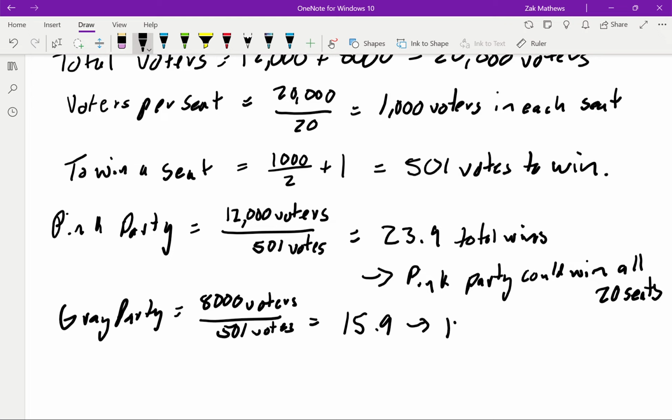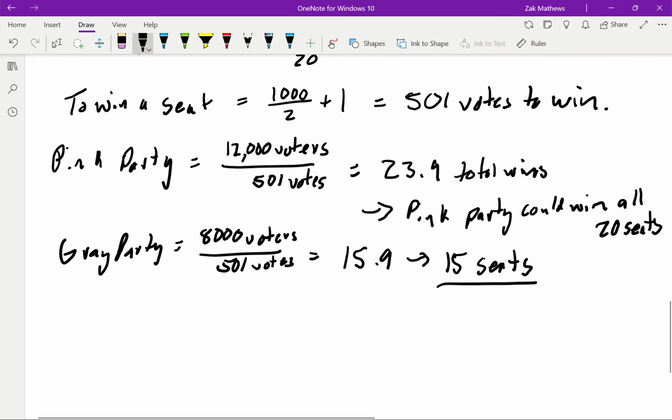That would mean they could win up to 15 seats. And you might be looking at that saying, well, wait a minute, I thought we would round up 0.9, we'd round that up to 16. But the problem is they're 0.1 short of winning that 16th seat. And so it doesn't matter if you're one vote short. If you're one vote short, you're one vote short. So you're not going to win that last seat. So they could win up to 15 seats.